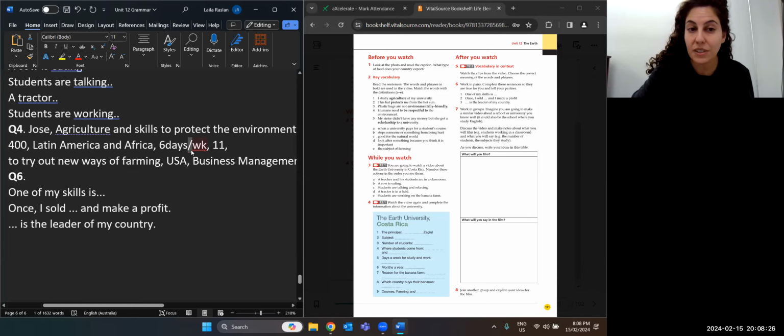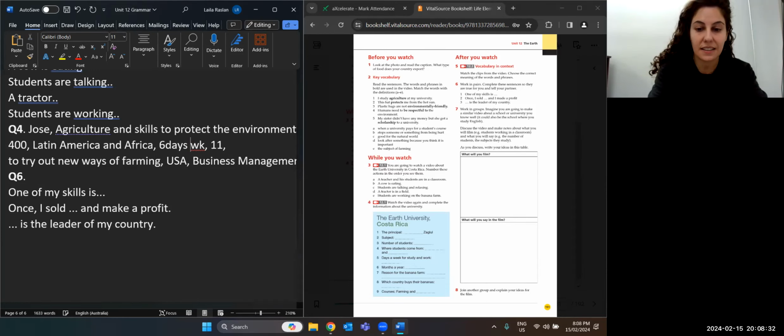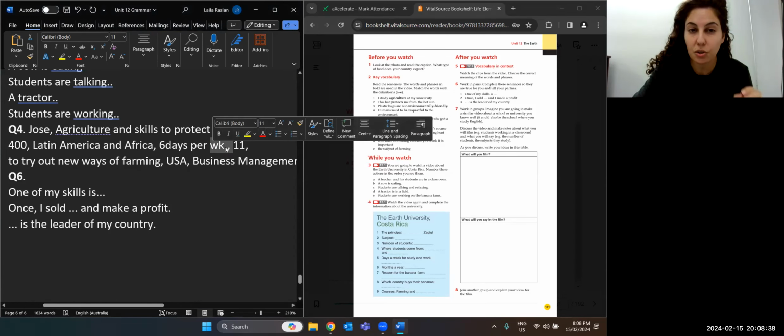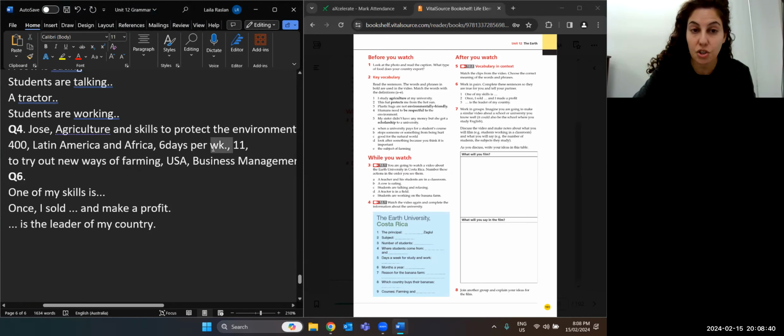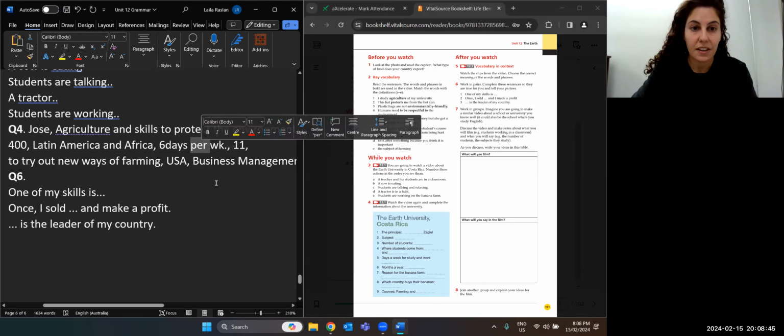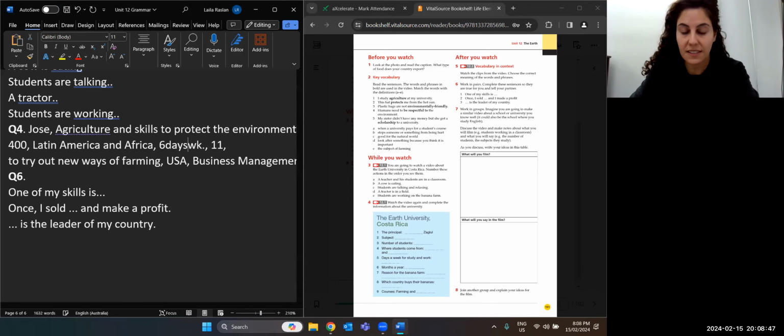The symbol is called a slash, but when we talk, we say per. So like this, 6 days per week. And I made this word short. So anytime you make a word short, you should put a full stop to show that you've used a short word for it. So the per, I'm going to use the slash, 6 days per week.